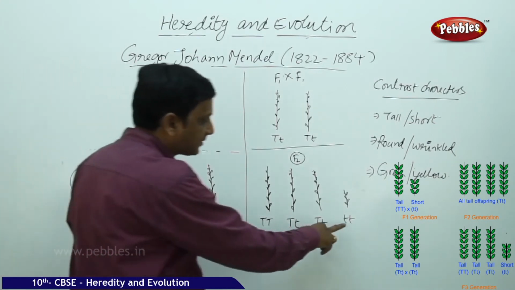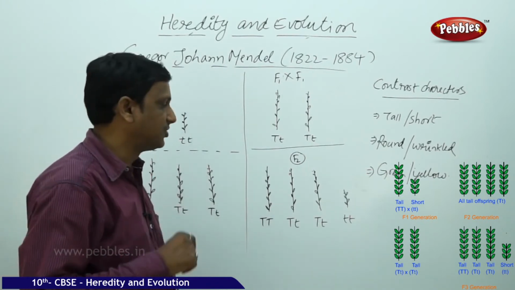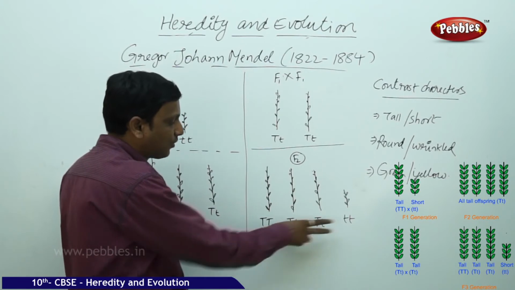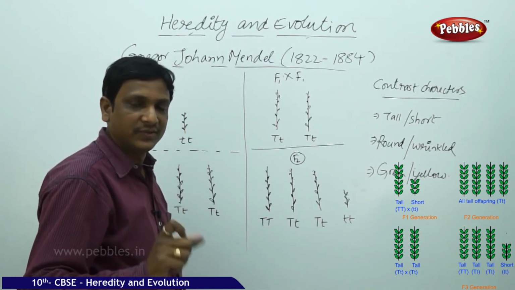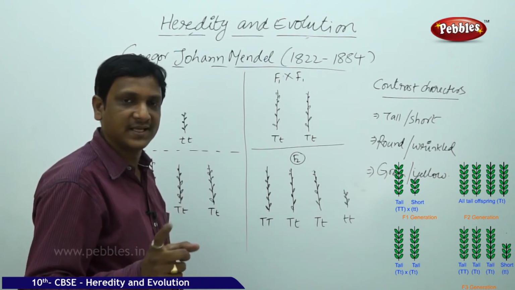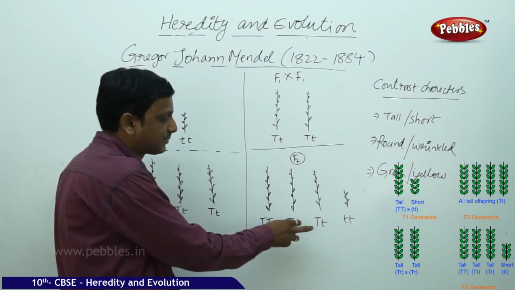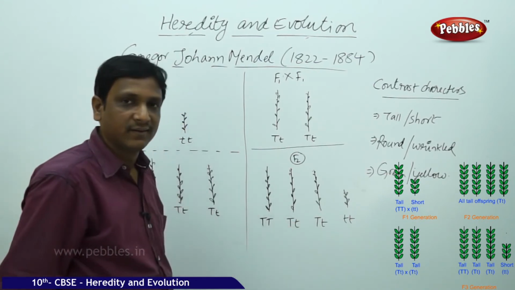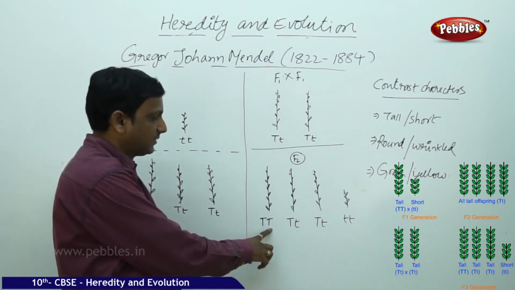So the short plant has got small t. Both the characters are short. That is why it is short. In the other case, 50%, out of 4, 2 are one capital T, one small t. Means one dominant character as well as it is carrying the recessive character also. Shortness expression gene is also there. Only one is having both the dominant characters TT.